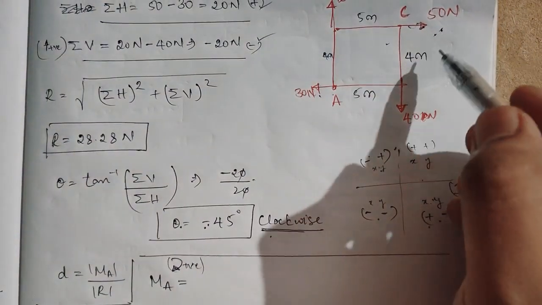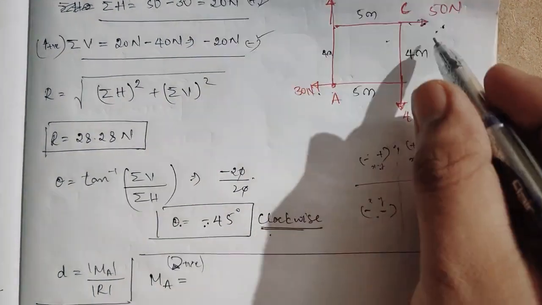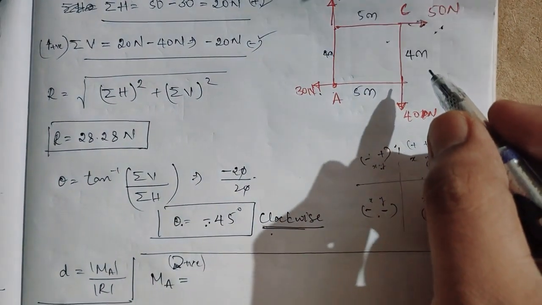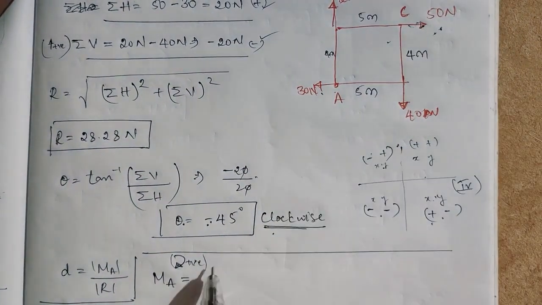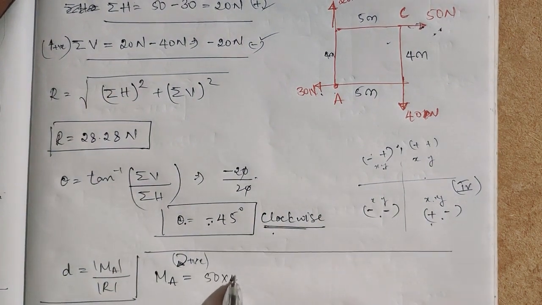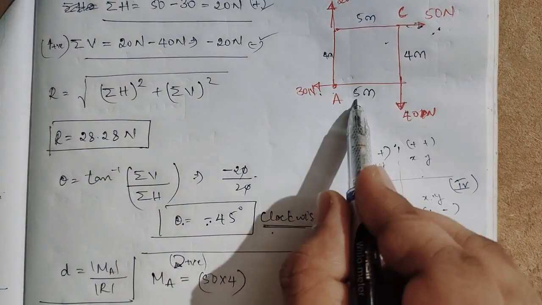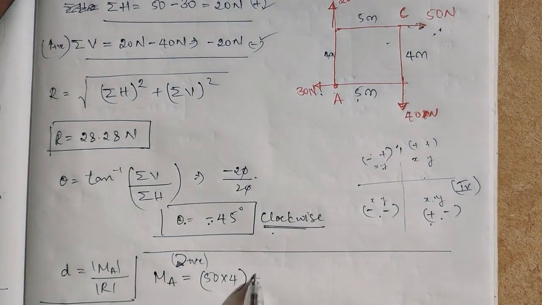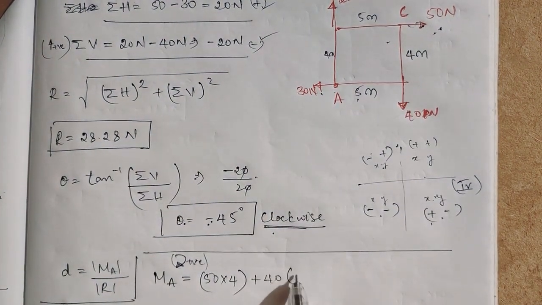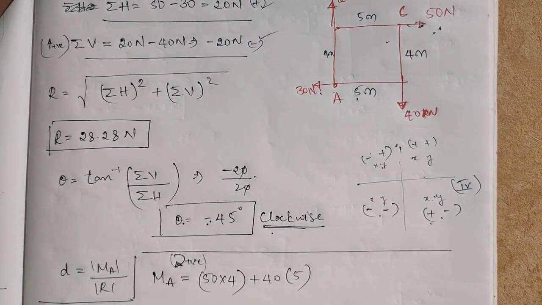So 50 Newton into 4 meter, so it is creating clockwise direction, that's why it is positive. 50 into 4, then 40 Newton is there, it also causes clockwise direction. 40 into 5, okay.